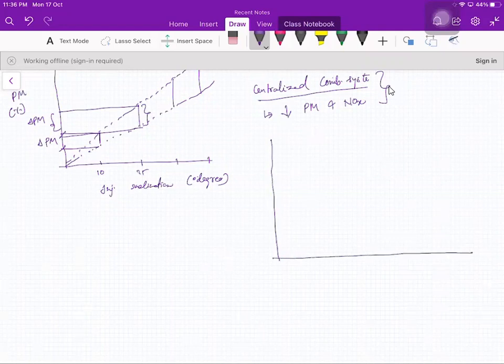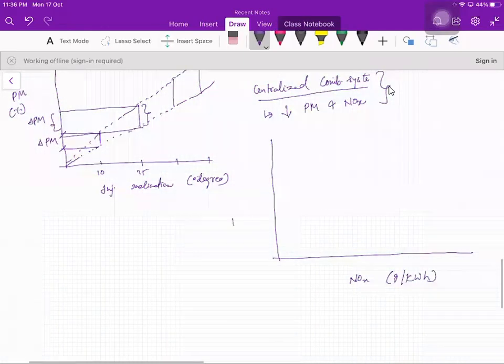Now, take the NOx emissions on the x-axis, in gram per kilowatt hour, meaning for heavy duty vehicles. Here, brake specific fuel consumption in gram per kilowatt hour, and particulate matter in gram per kilowatt hour.